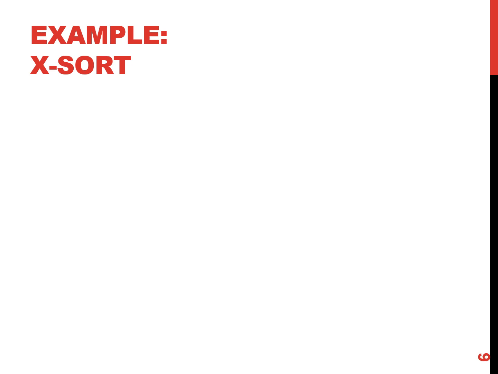A study was done to evaluate how well this XSort procedure worked. And what they found is that 879 out of 945 people who used the XSort procedure gave birth to girls.